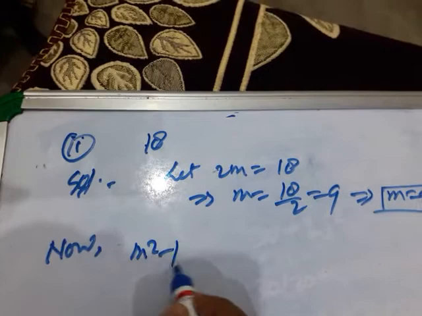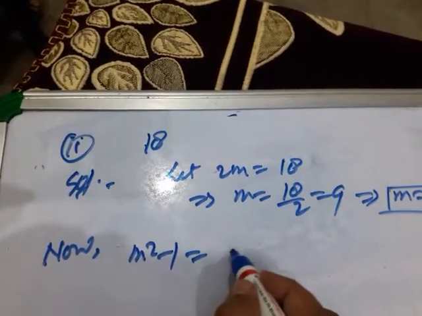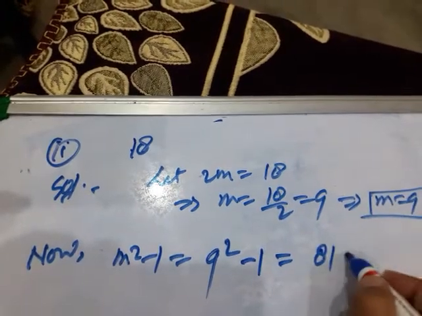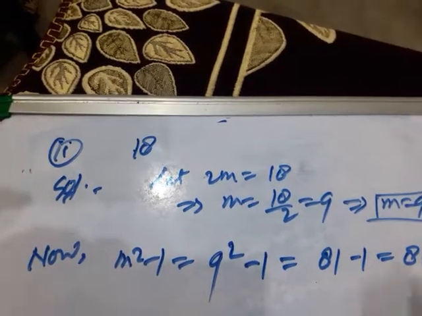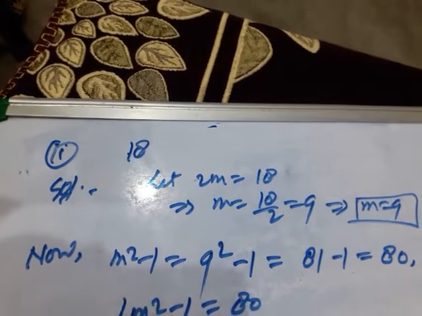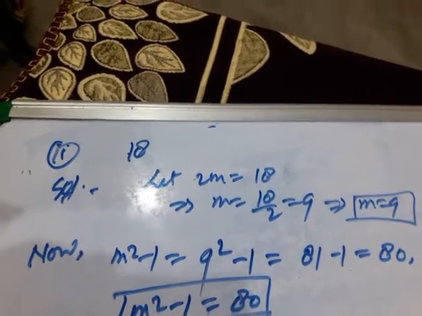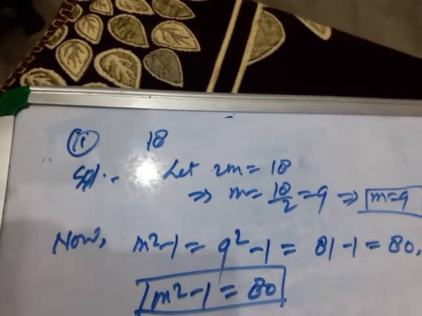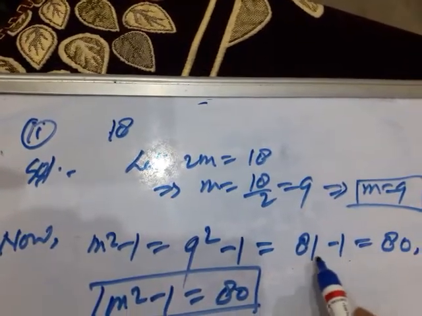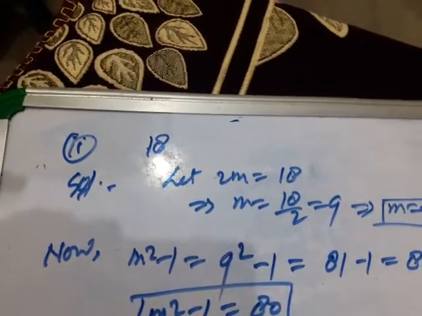That is m^2 - 1 = 9^2 - 1 = 81 - 1 = 80. So the other member of the Pythagorean triplet is 80.